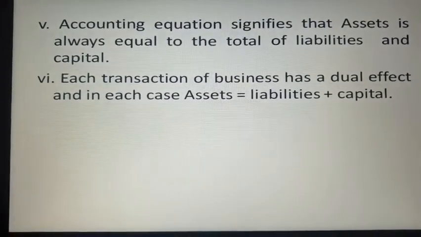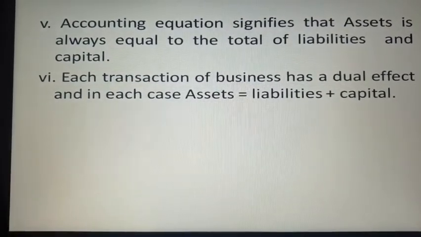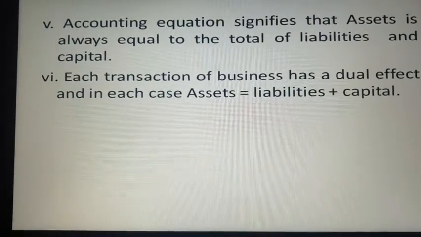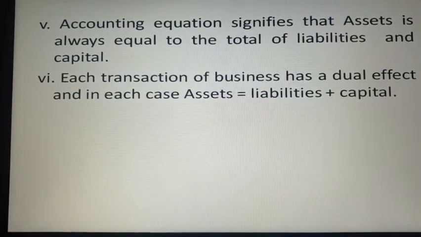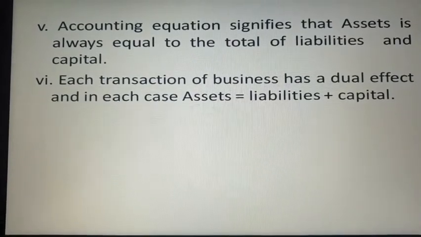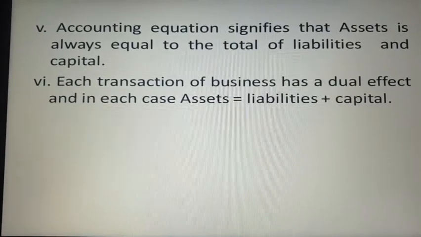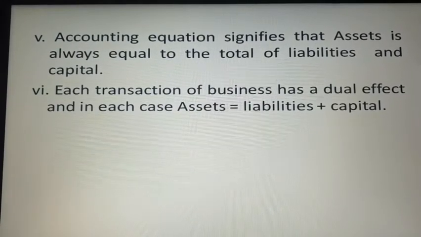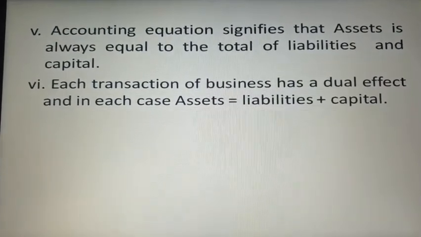So the accounting equation signifies that asset is always equal to the total of liability and capital, because each transaction of a business has a dual effect, and in each case asset equals liability plus capital.